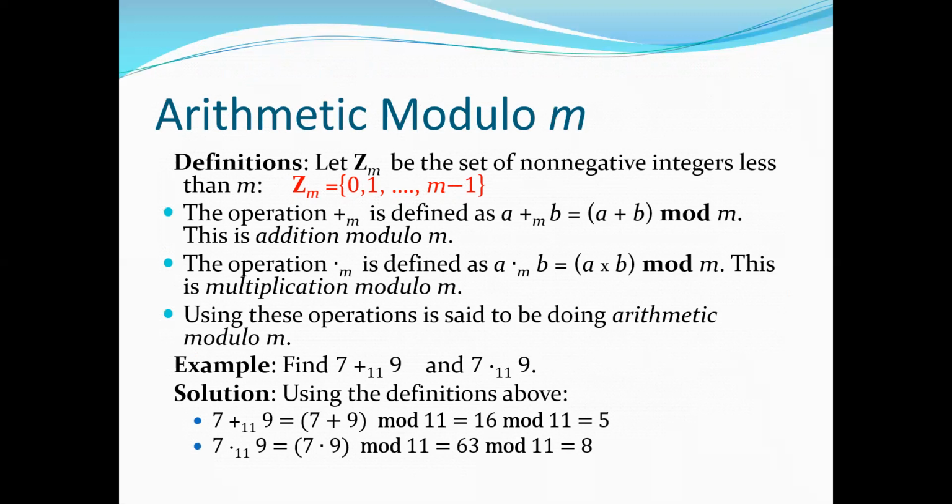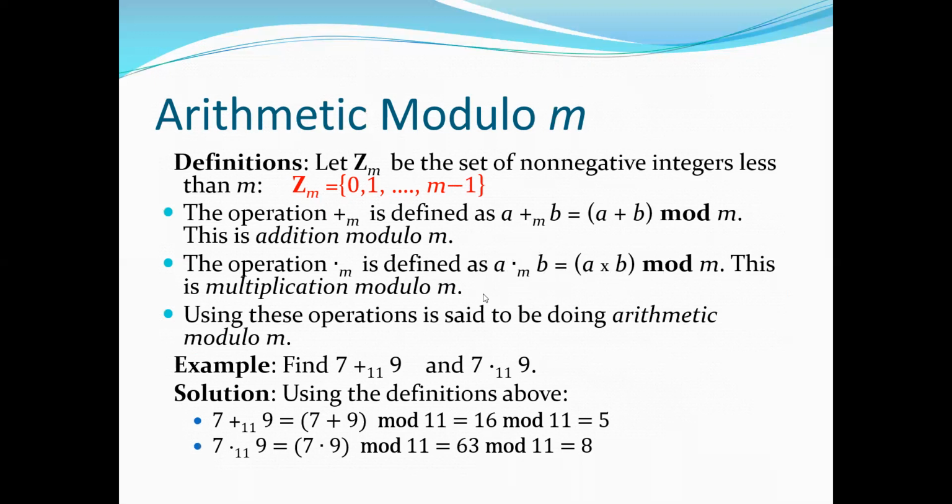The operation plus M is defined as A plus M B is equal to (A plus B) mod M. For multiplication, it's almost the same notation, but instead of plus, it will be product. So A times M B is equal to (A times B) mod M. This is how we evaluate this equation.